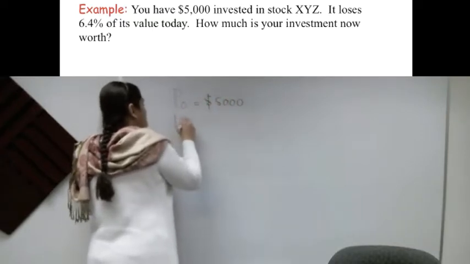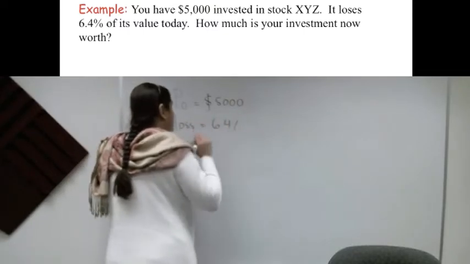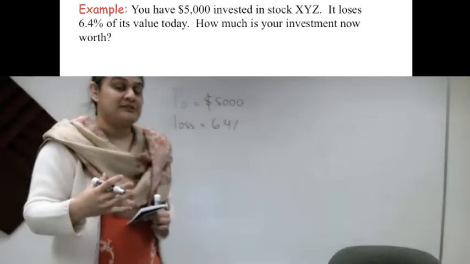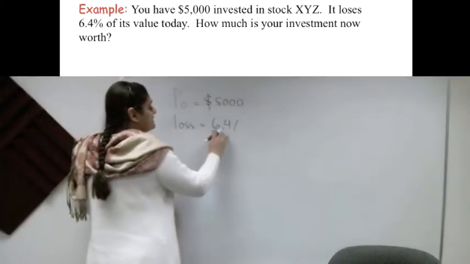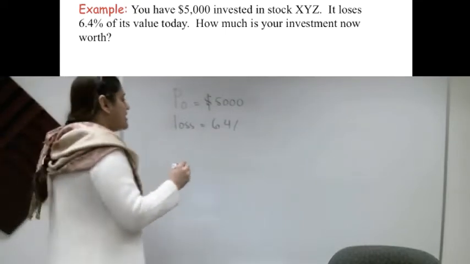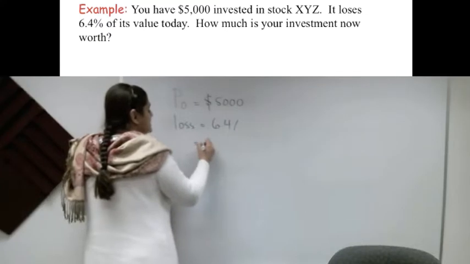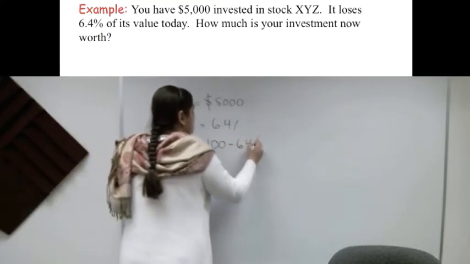And my loss is 6.4%. Now, how do I show loss in my investment? The easiest way to do that is to subtract this from 100, because you can never have more than 100%. So my total loss is 100 minus 6.4%.